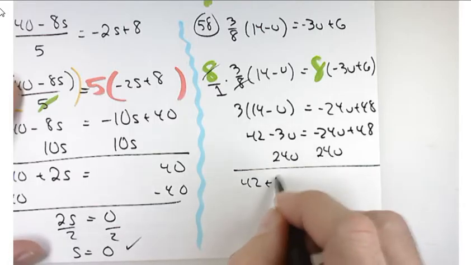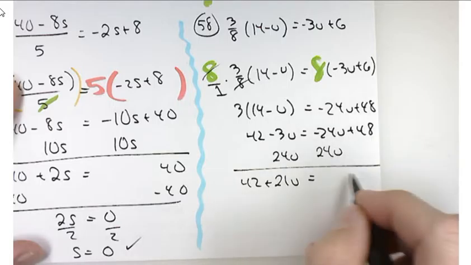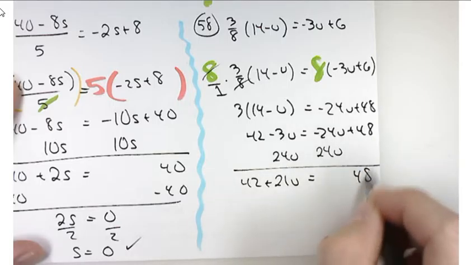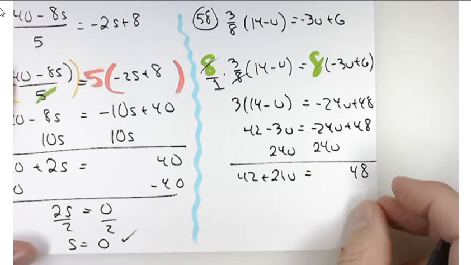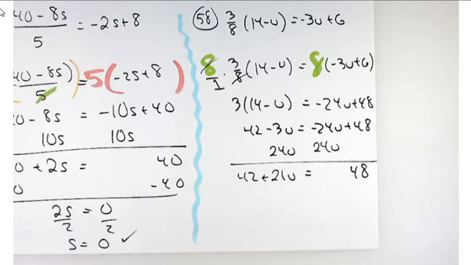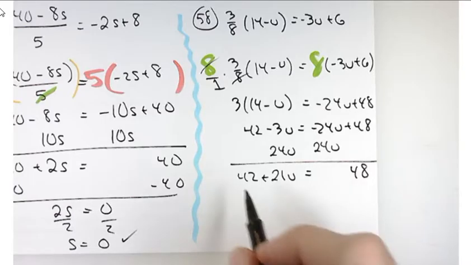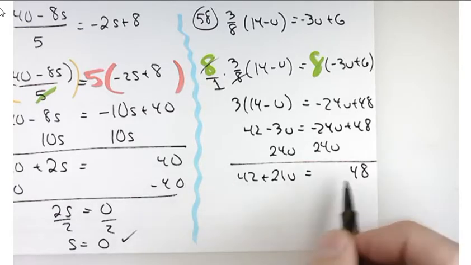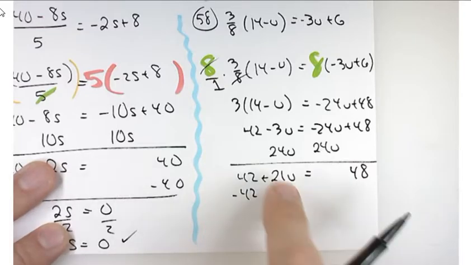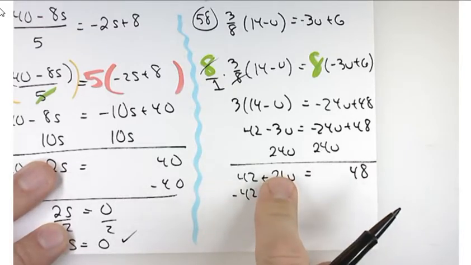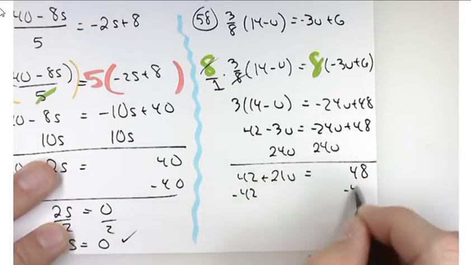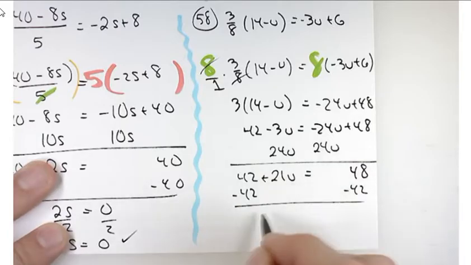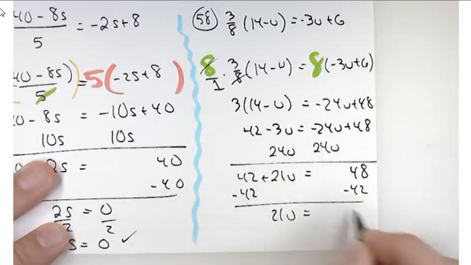So 21u equals 48. Now, just a minute ago, Nick suggested that we move the 42 to the right-hand side by subtracting it. Let's do that here. Since we got a variable here, I want to put the constants over here. So 21u equals 6.